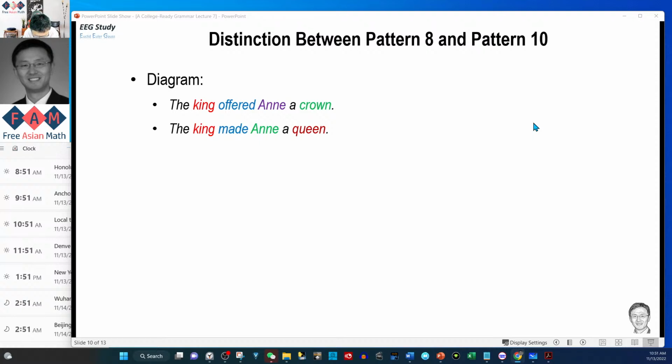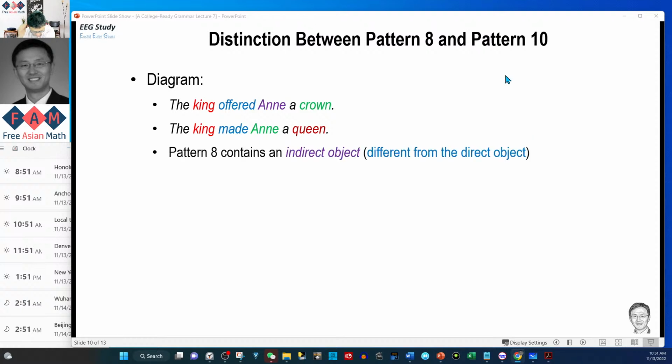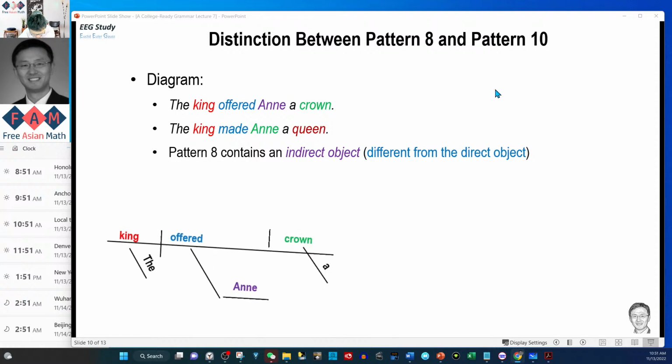Okay, so the king offered Anne a crown. That's pattern number 8. We have a direct object and we have an indirect object. The next sentence is pattern number 10. We have a direct object and we have an object complement. That is queen. So that's what we just understood. For number 8, the king offered Anne a crown.